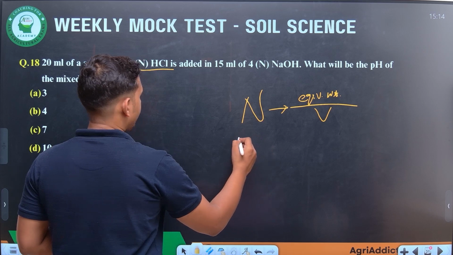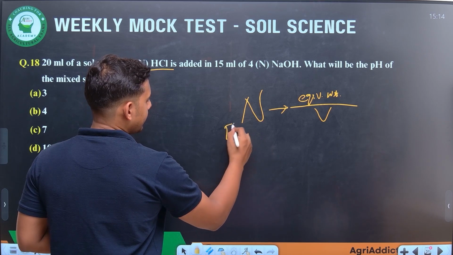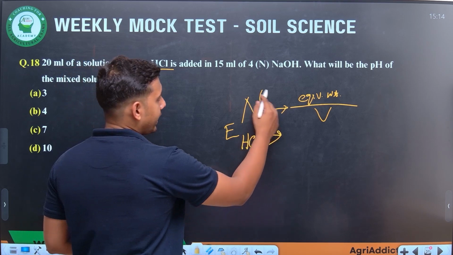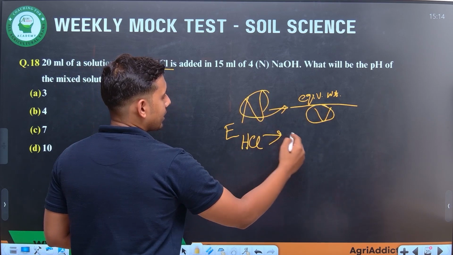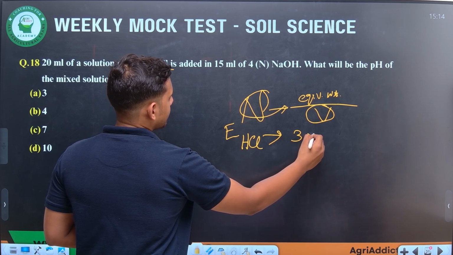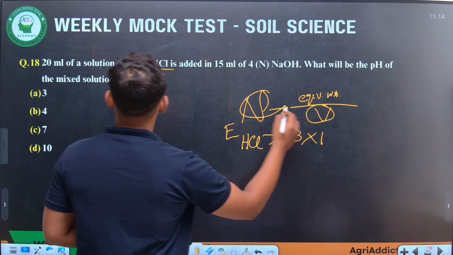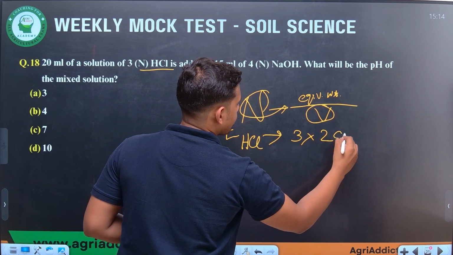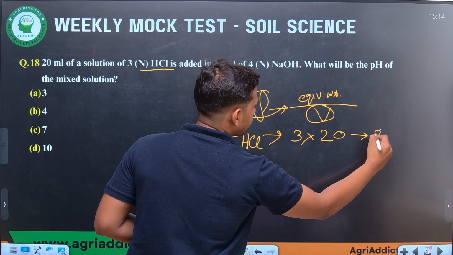Equivalent weight of HCl will be N into V. That means normality is 3 and the volume is, no, 20 ml. So the equivalent weight will be 60.